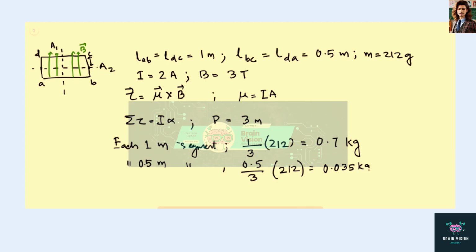That will be equal to 0.035 kg. Then the moment of inertia will be the moment of inertia of AB plus that of DC, which will be equal, plus AD plus CB, all about axis A2.